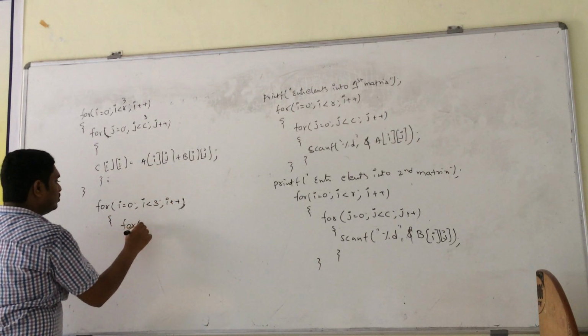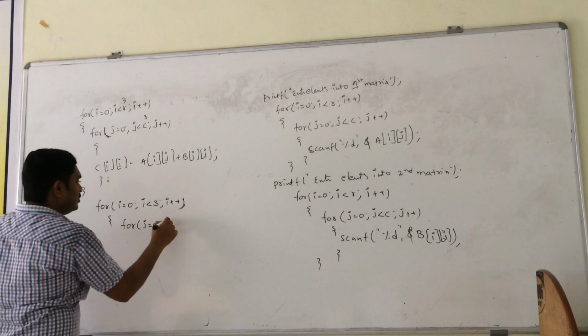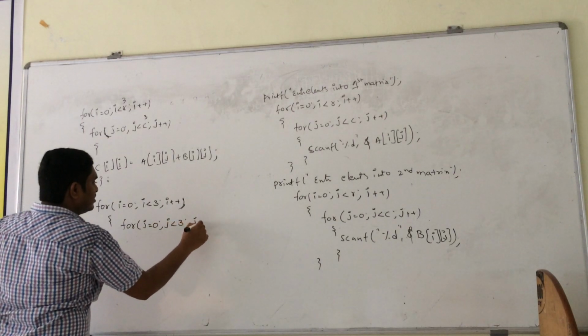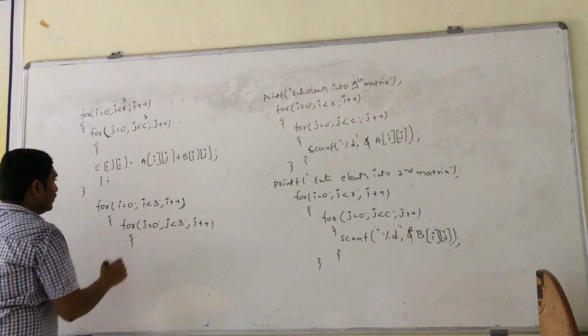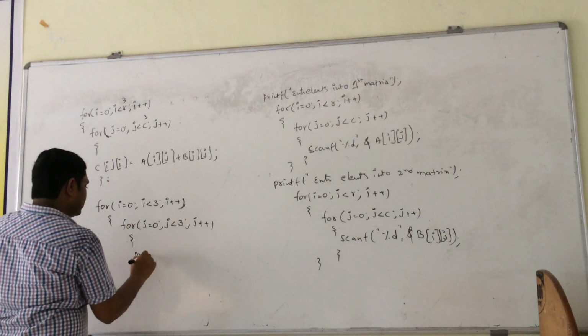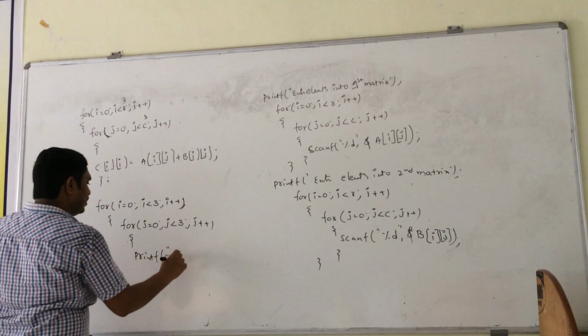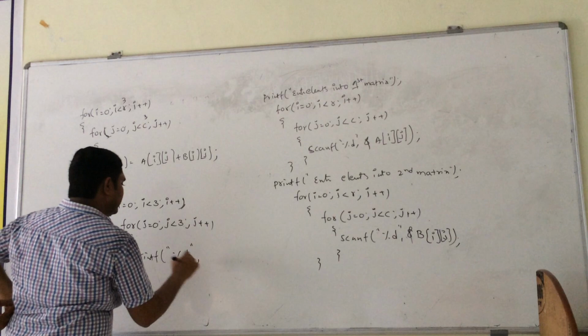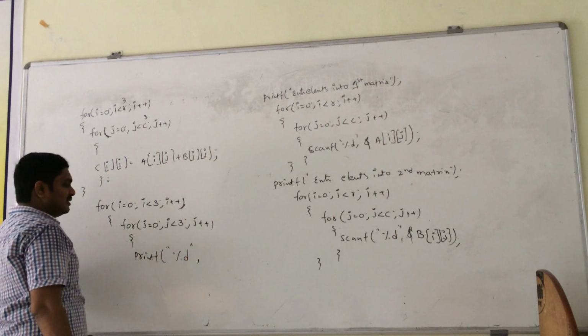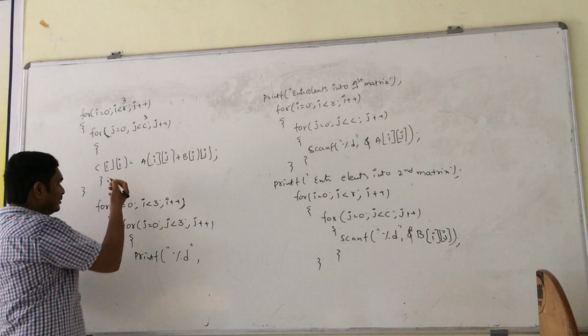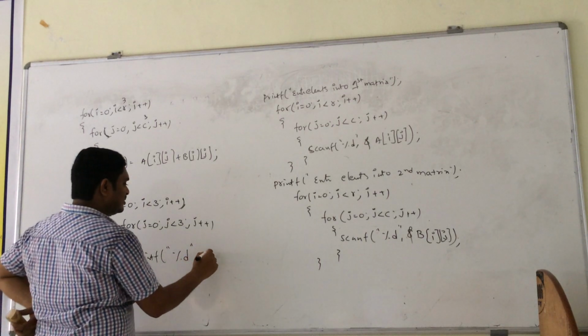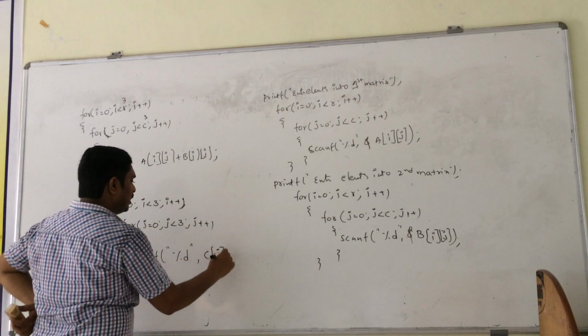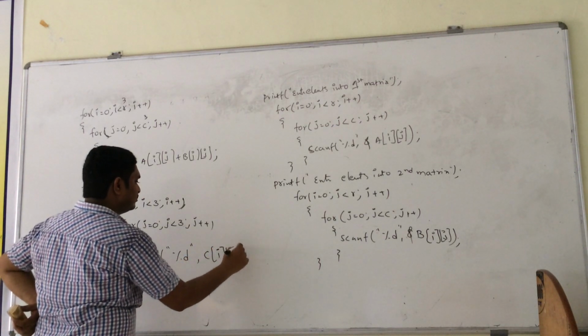Again inner for loop, j equals to 0, j less than 3, j plus plus. For printing we use the statement printf %d. Here we display the result which is in the resultant matrix, that is C of I j.